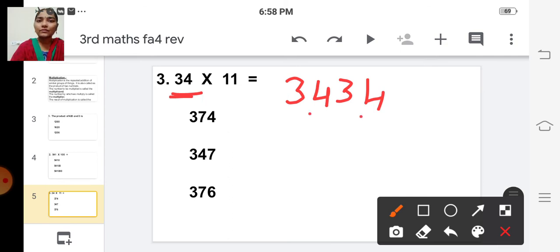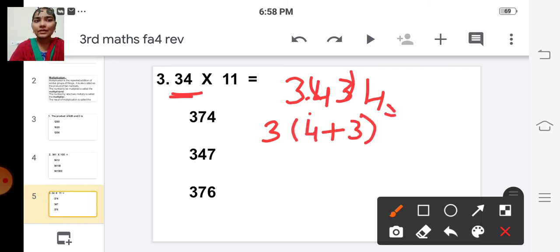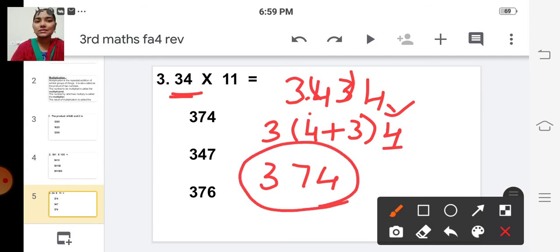Then what do we do? Write the first digit as it is and add these 2 digits: add 4 plus 3, and write the last digit as it is. So write the multiplicand 2 times, write the first digit and last digit as it is, and add the numbers in the middle.